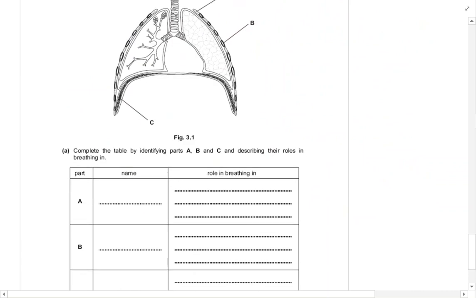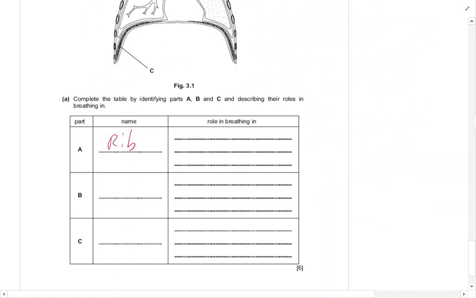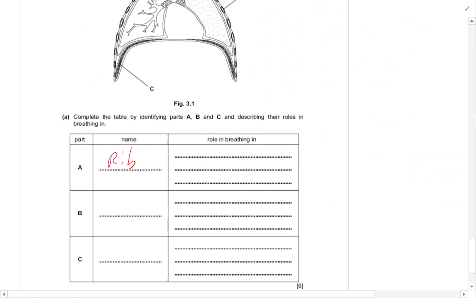Next up, the rib. B is the external, because it's on the outside.